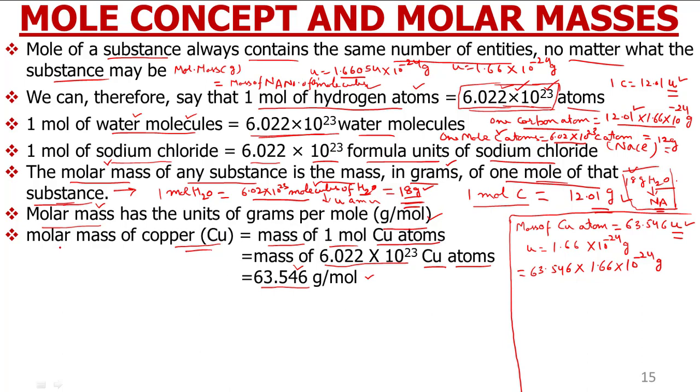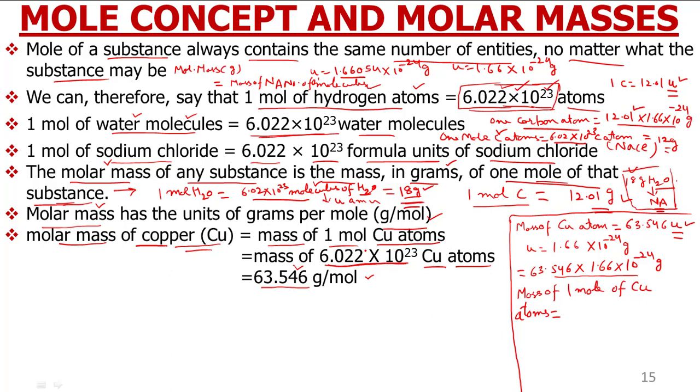So in order to calculate the molar mass of copper, we need the mass of 1 mole of copper atoms, and 1 mole of copper atoms is equal to 6.022 into 10 raised to power 23. So we can say the mass of 1 mole of copper atoms is equal to the mass of 6.022 into 10 to the power 23 copper atoms. The mass of one copper atom is this much.